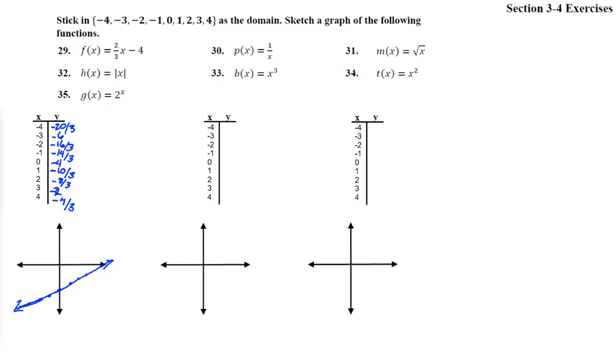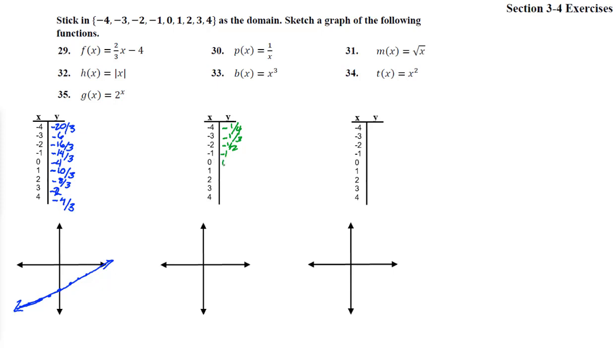All right, number 30. We're going to stick in all of these into 1 over x. So these come out a lot faster than these guys did. We have a -1 over 4, -1/3, -1/2, -1. Ooh, 1 over 0.